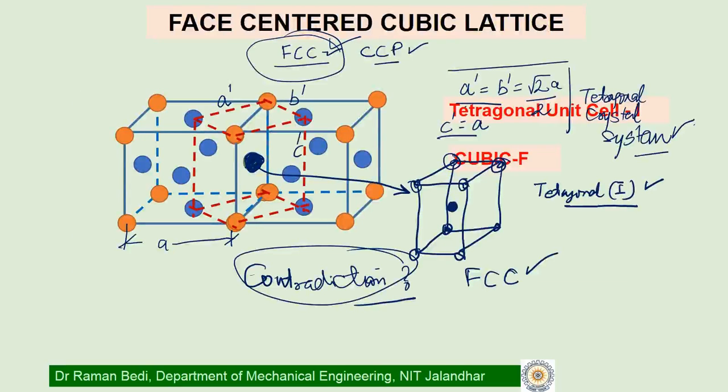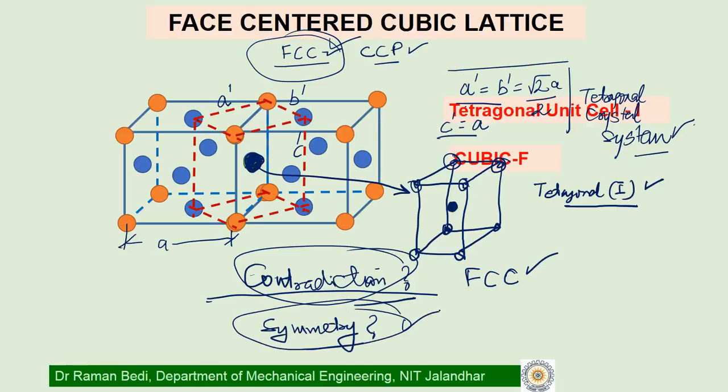So there is a contradiction here, which is not a contradiction once we go to one more discussion on lattice systems, that is known as symmetry. If we have time, I will post more videos about symmetry.